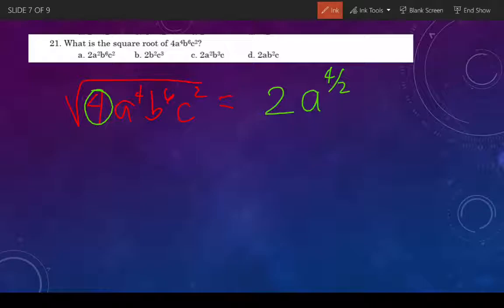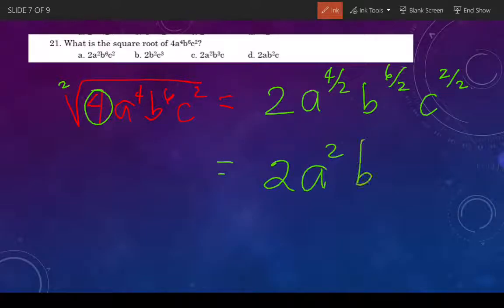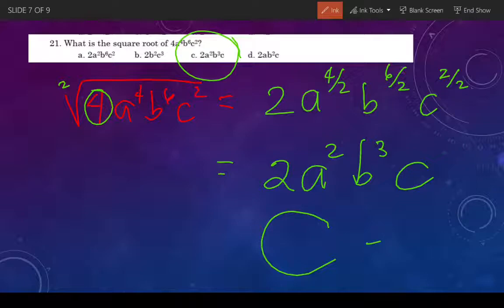Kasi squared yung index nito. So we will have b to the 6 over 2. We have c squared over 2. So we will have 2a squared, b cube, and then c raised to 1. So our answer, that is letter C. So sa number 21, ang sagot natin will be letter C.